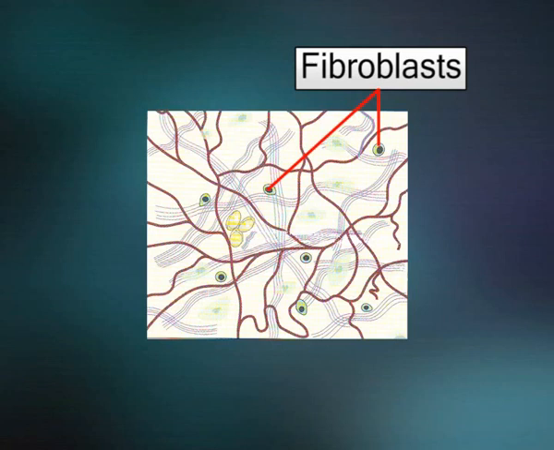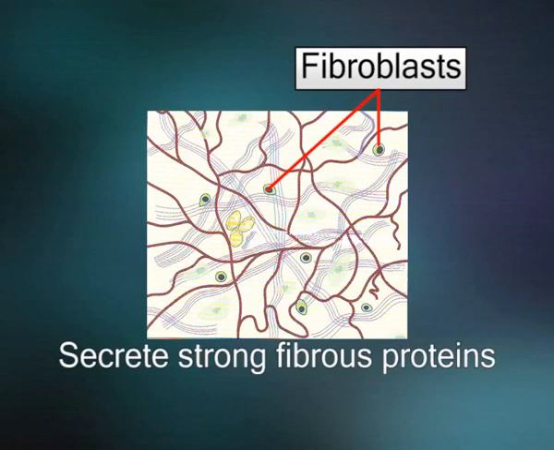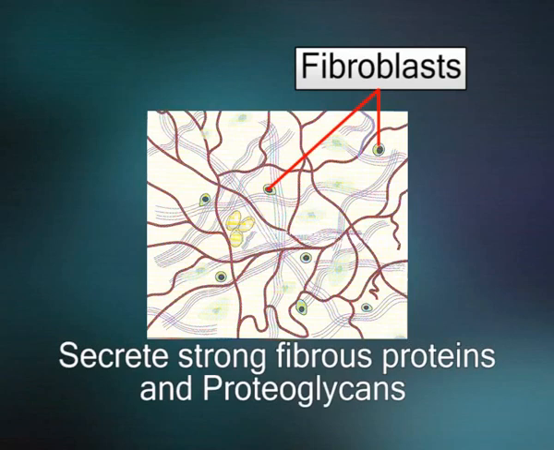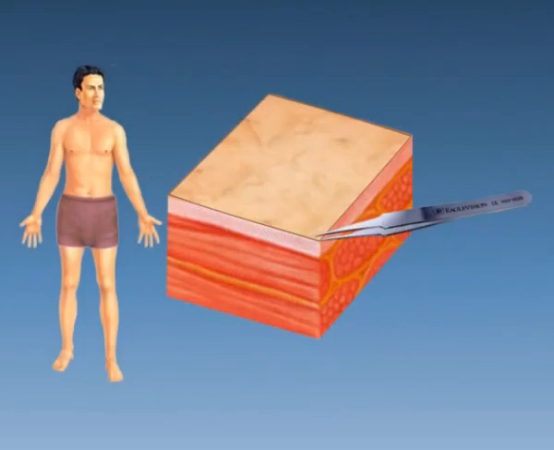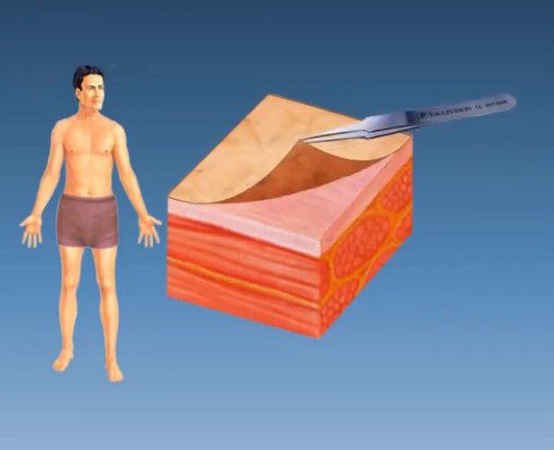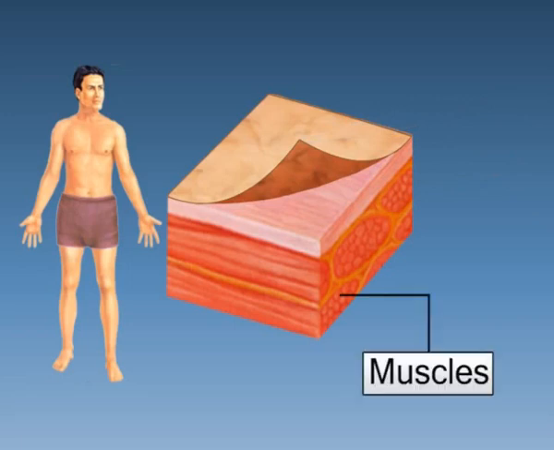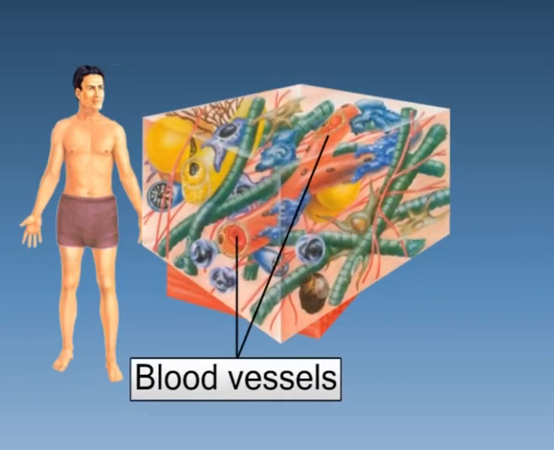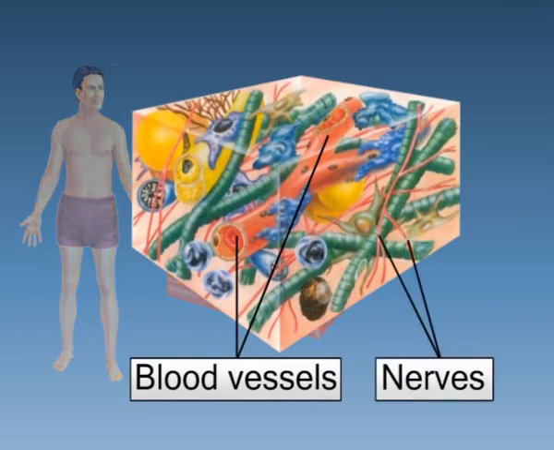They are irregular branched cells that secrete strong fibrous proteins and proteoglycans as an extracellular matrix. Areolar connective tissue is found beneath the skin and in most internal organs of vertebrates, where it allows the organs to expand. It also forms a protective covering for muscles, blood vessels, and nerves.